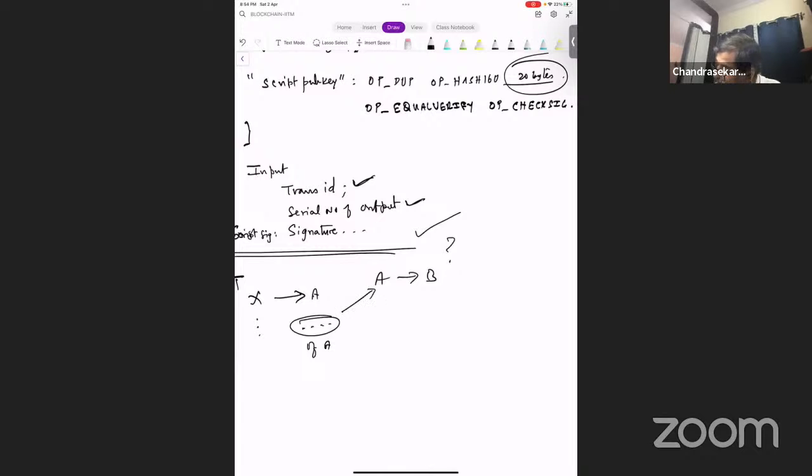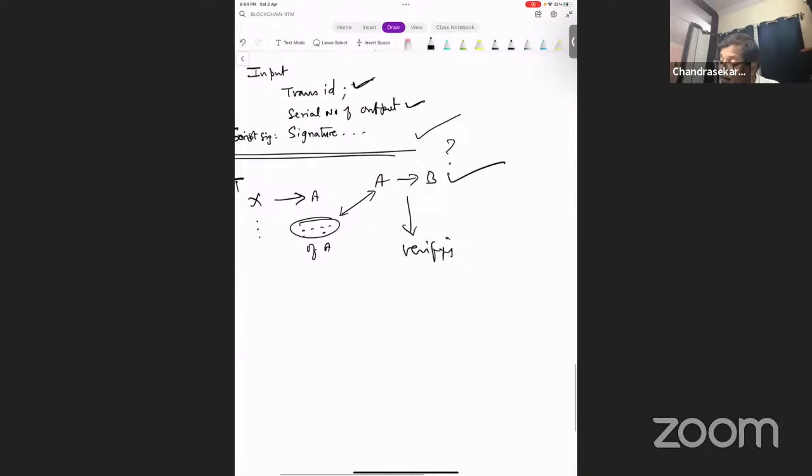Now, A is referring to the transaction and the serial number of the output. In that output, everything related to A will be there. Therefore, when verifying this transaction's validity, the verifying algorithm will be executed by every node.